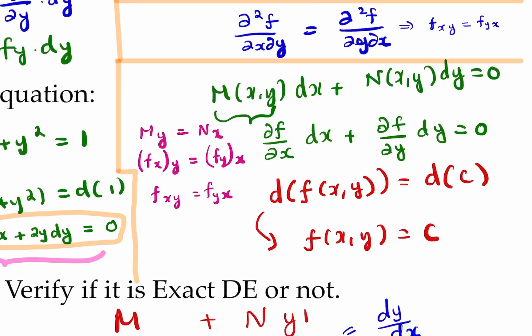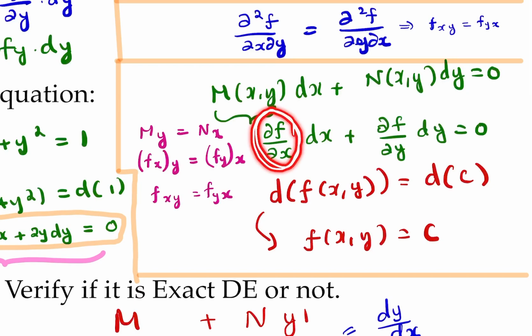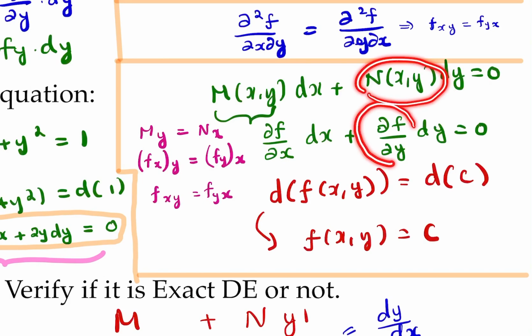So the core concept here is, suppose we're solving a differential equation of the form whose m is a partial derivative of one function with respect to x, whose n is also a partial derivative of that same function. The key is the same function with respect to y.